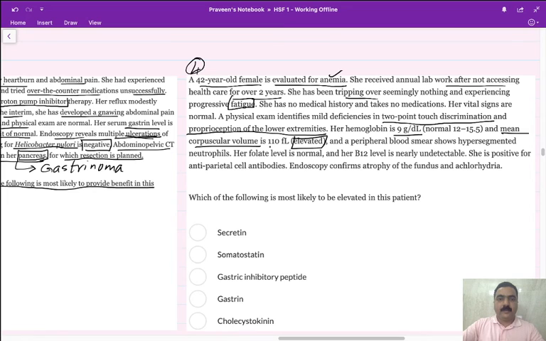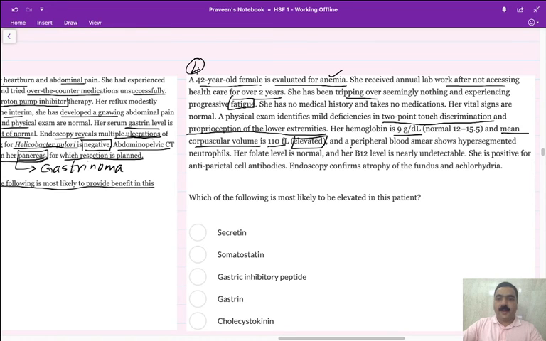Normally it should be below 100. 80 to 100 femtoliters is normal, but over here it has been elevated. That means the RBC size is becoming big, so it is macrocytic. Macrocytic anemia, the megaloblastic anemia, that is associated with 2-point discrimination and proprioception deficiency of the lower extremities, means it is due to vitamin B12 and not due to folic acid or something else.